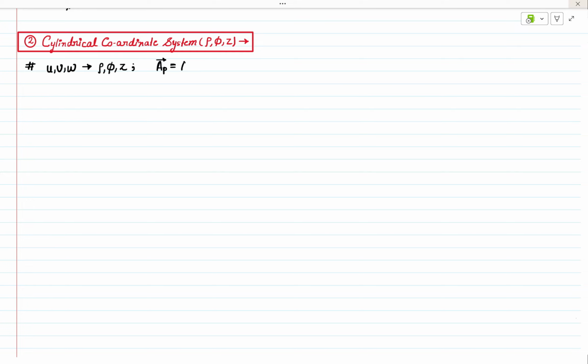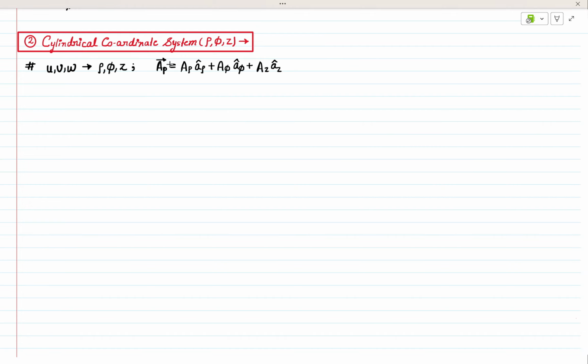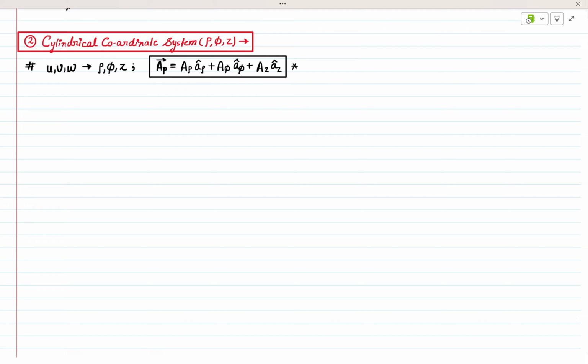That is nothing but a rho in the direction of rho, plus a phi in the direction of phi, and the last one is a z in the direction of z. This is the position vector in the cylindrical coordinate system, and this was the important one also.